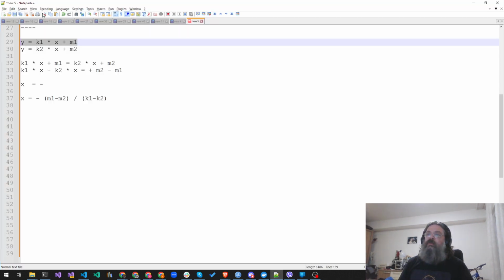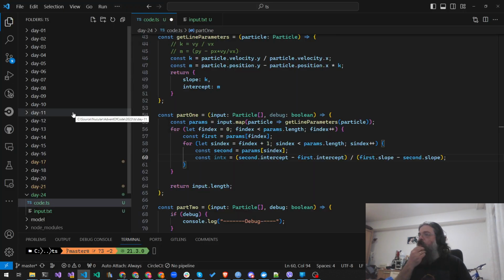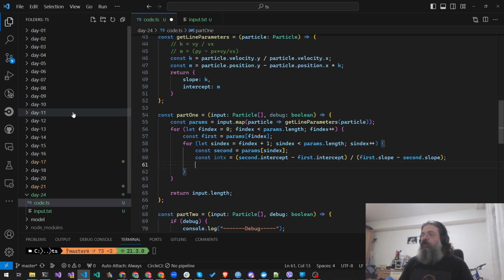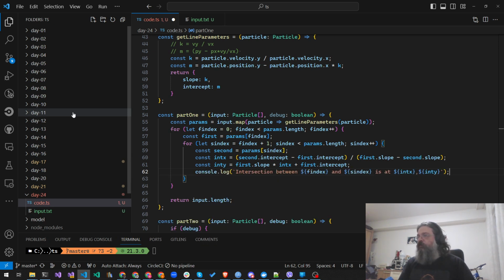Yeah, a different way to do this and get rid of the minus is to say m2 minus m1. So m2 minus m1 is over that. So yeah, and we can use to get int y by just replacing it actually in the first line. So console log is over here.